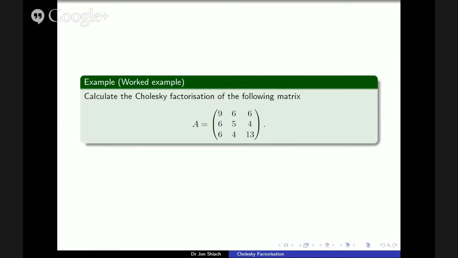So what we've got, 3 times 3 is 9. 3 times 2 is 6. 3 times 2 is 6. 2 times 3 is 6. Well, because it's symmetric, we know when those two are 6, 6, those two are 6, 6. 2 times 2 plus 1 is 5. 2 times 2 plus 0 is 4. And 2 times 2 is 4, plus 9 is 13. So you know you got it right because you multiply them together, you get A. Dead easy.